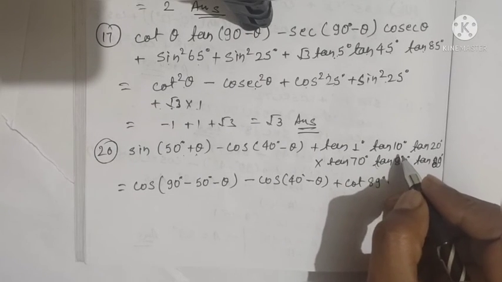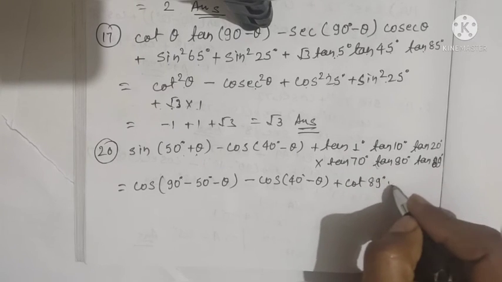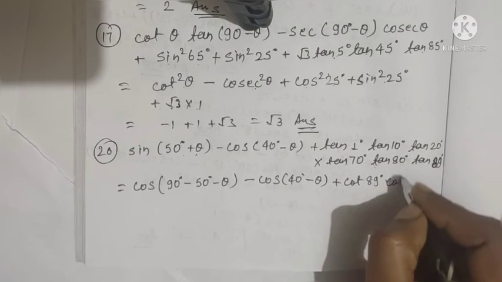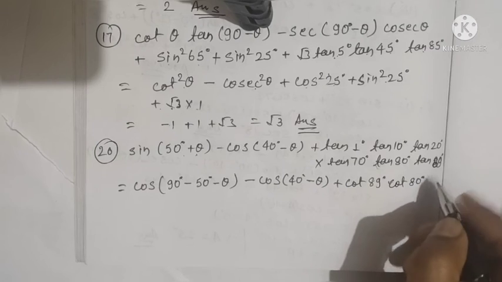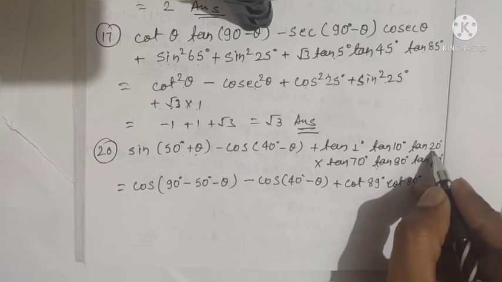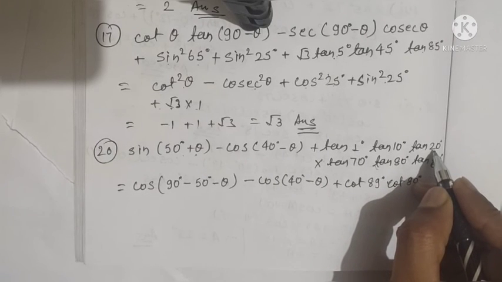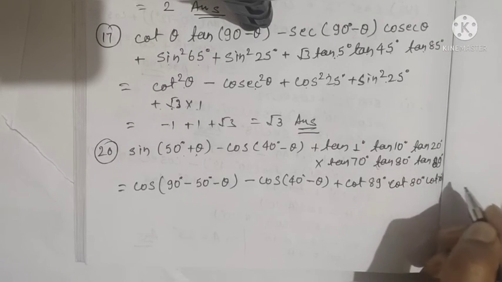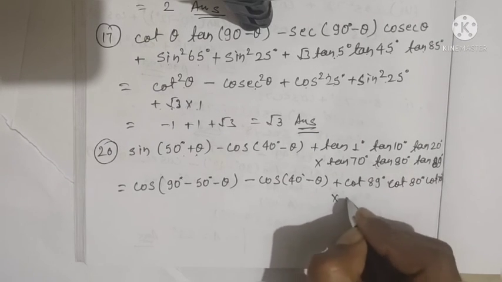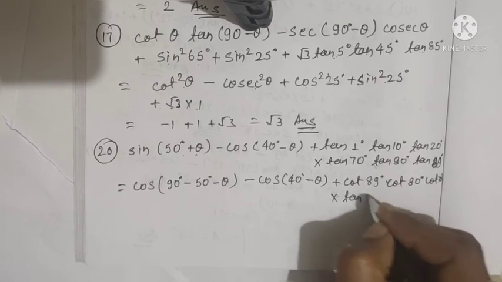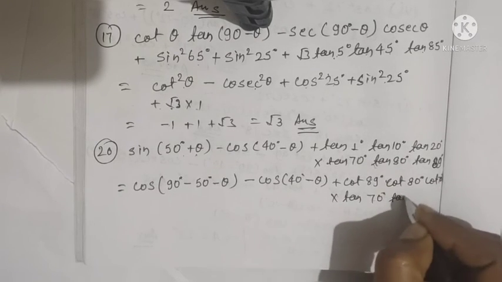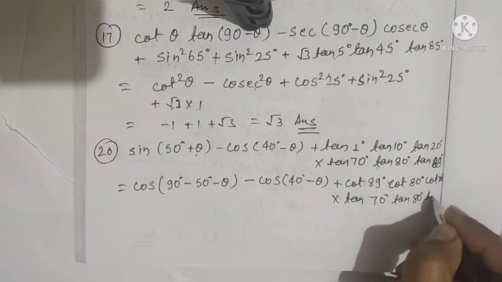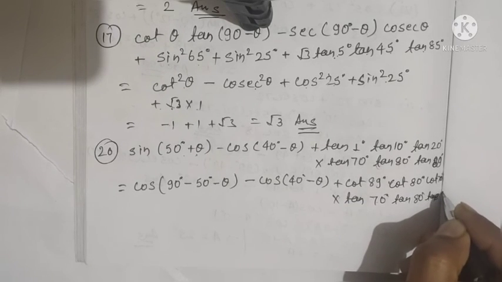Tan 10 degree can be written as cot (90 minus 10), which becomes cot 80 degree, and tan 20 degree is equal to cot (90 minus 20 degree), meaning cot 70 degree, into tan 70 degree, tan 80 degree and tan 89 degree.